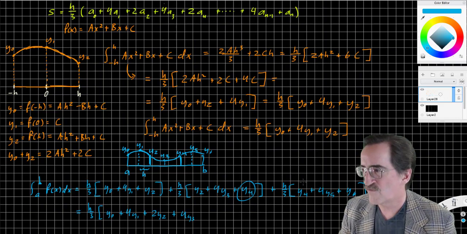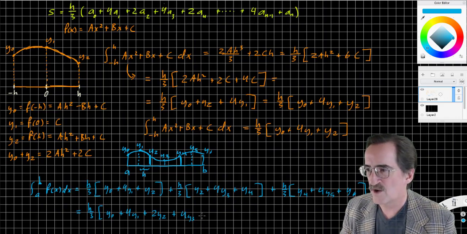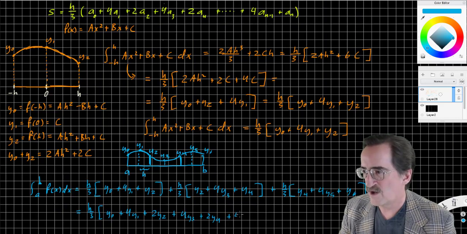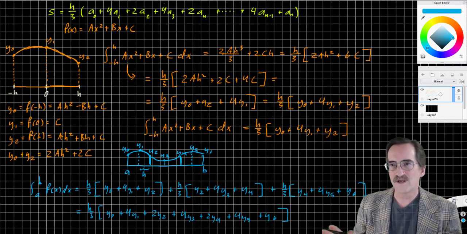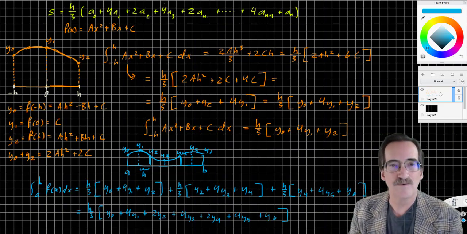There's a y4 and a y4 for two y4s. And then there's 4y5. And then there's a y6. And there we have Simpson's rule for n equals 6, right?